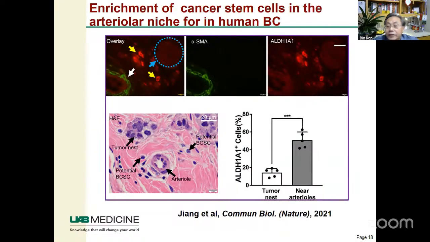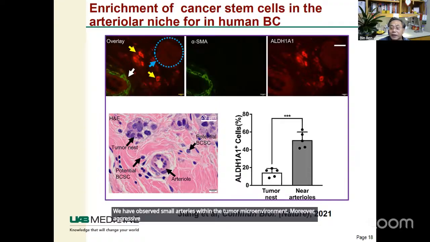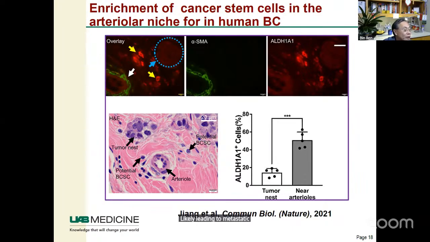As a matter of fact, in the specimens of breast cancer patient cohort, we have observed small arteries within the tumor microenvironment. Moreover, aggressive breast cancer stem-like cells tend to be accumulated nearby small arteries. Arteriolar angiogenesis within the tumor microenvironment may provide a favorable microenvironment for the expansion of the aggressive cancer stem-like cells, likely leading to metastatic progression.